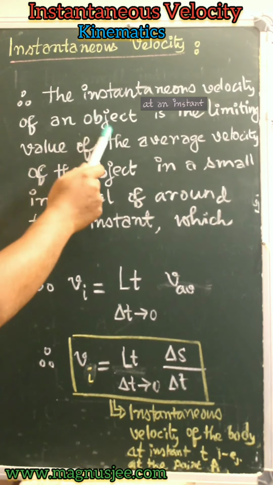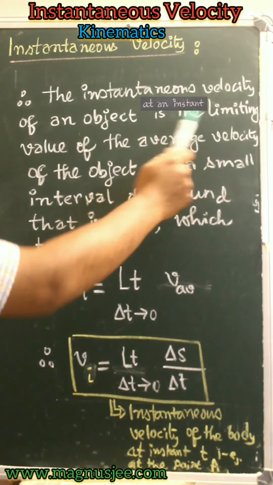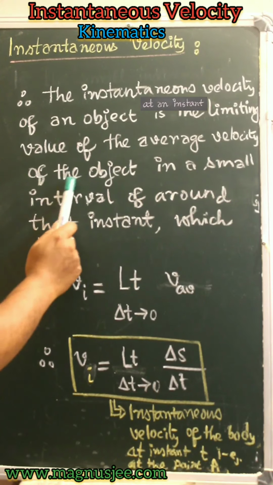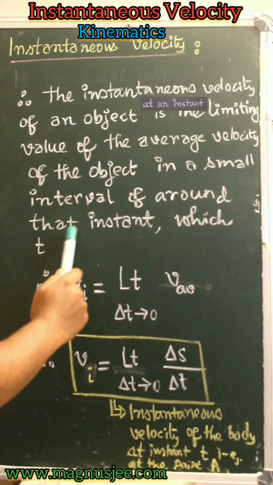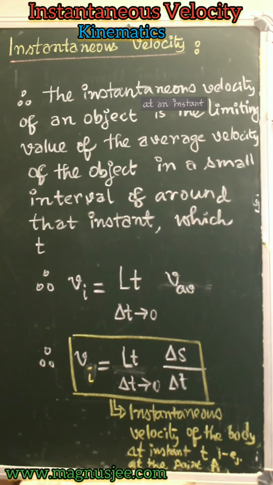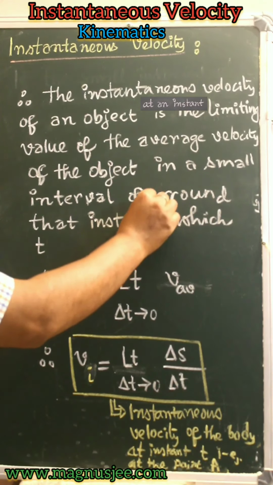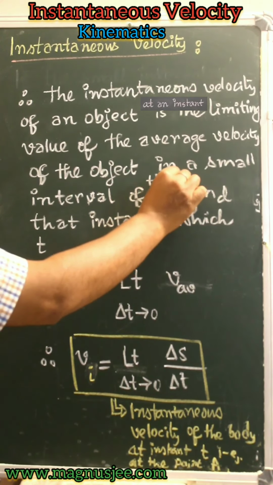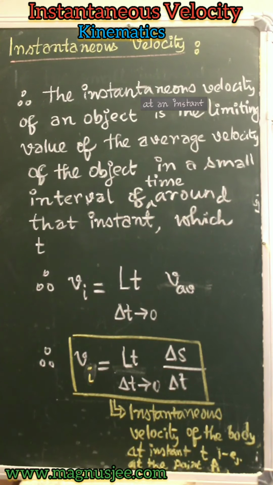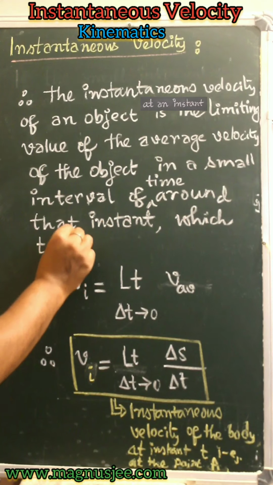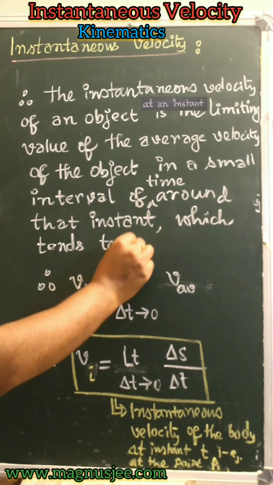The instantaneous velocity of an object is the limiting value of the average velocity of the object in a small interval of time around that instant t, which tends to 0.